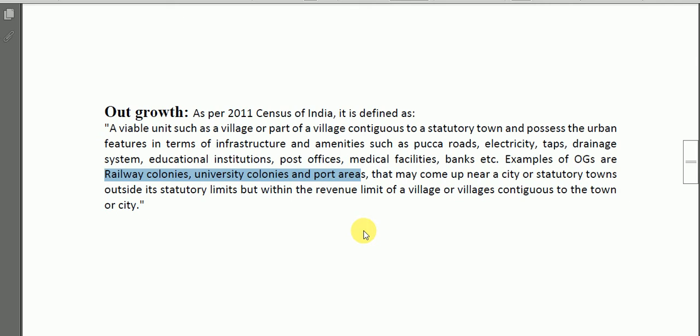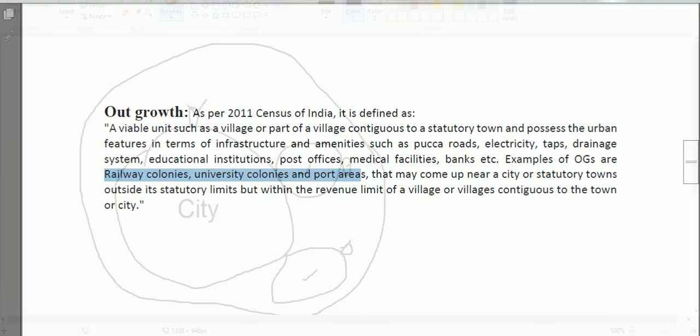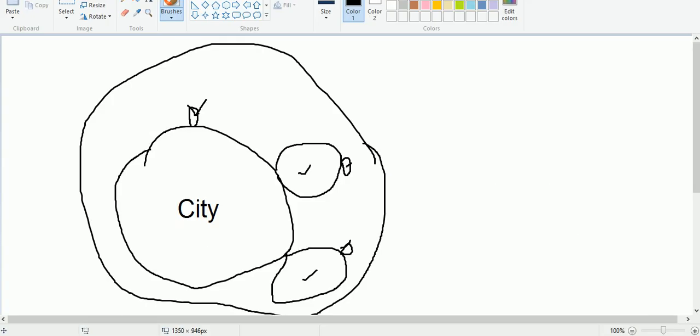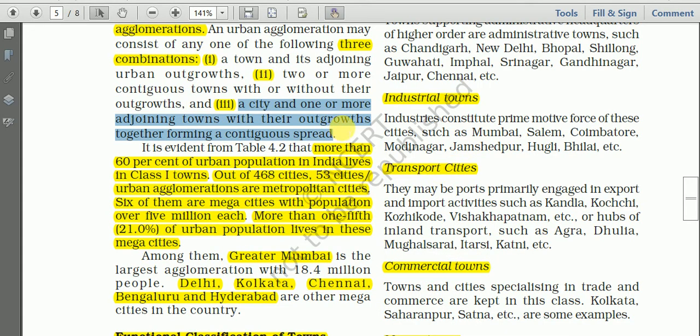So this is about outgrowth. And remember, an outgrowth is a contiguous part of a town or a city, but not qualified to be called a town or city.